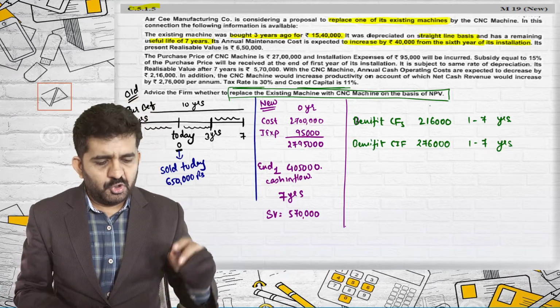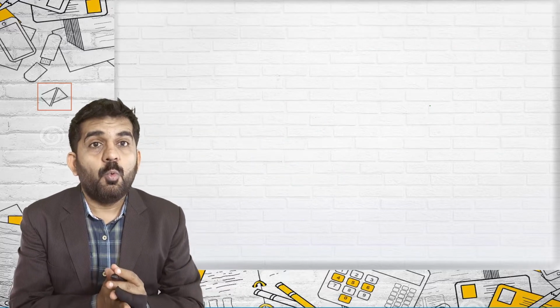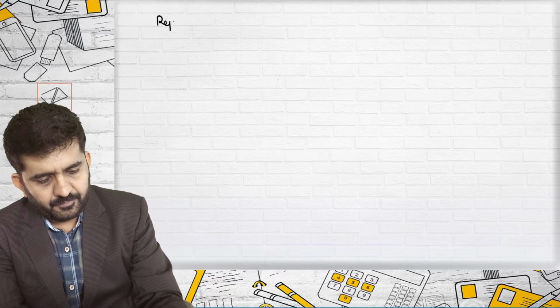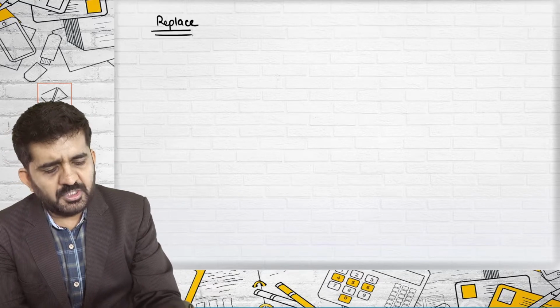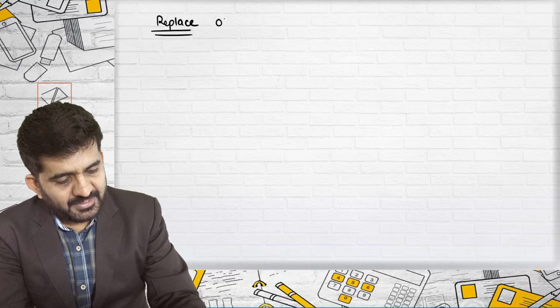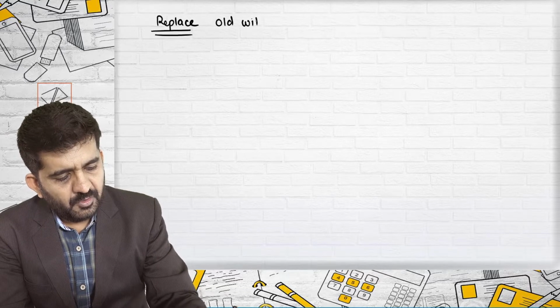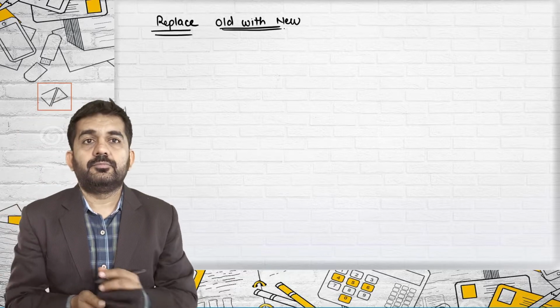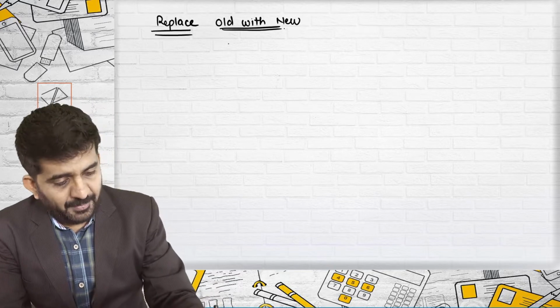All right. So first let me go to cash outflows. What cash outflow happens if I replace my machinery? Please concentrate. If I replace my machinery, what is the meaning of replace? Replacing old with new. What will happen today?